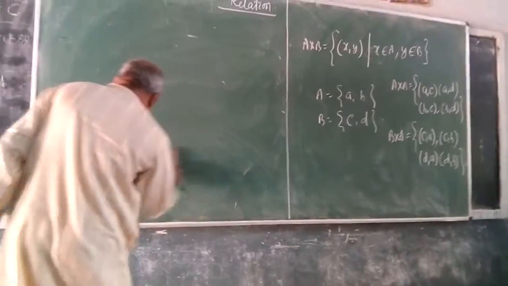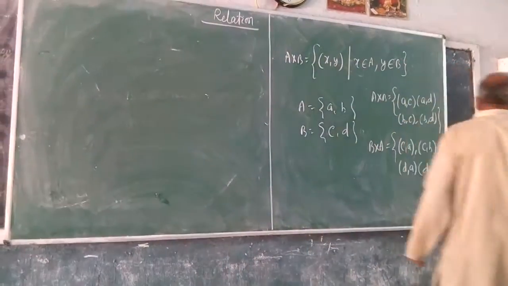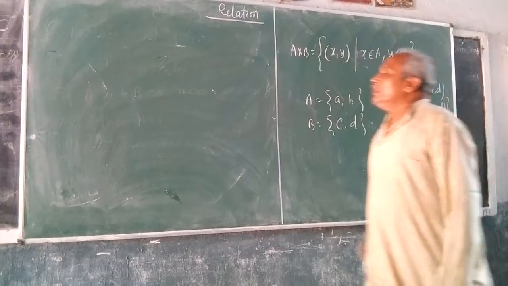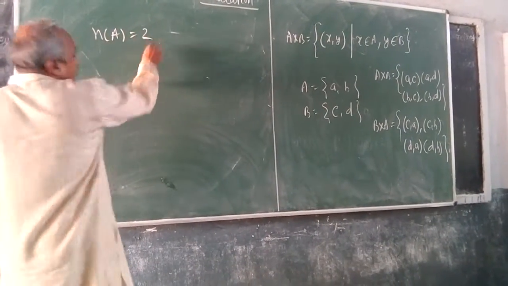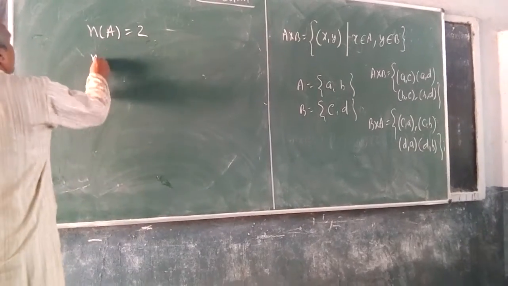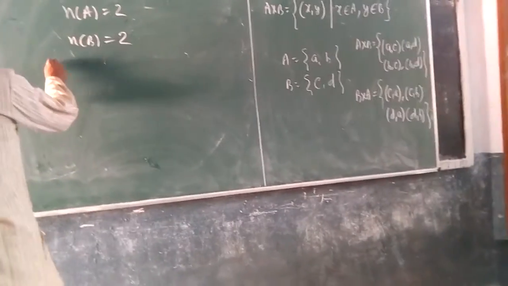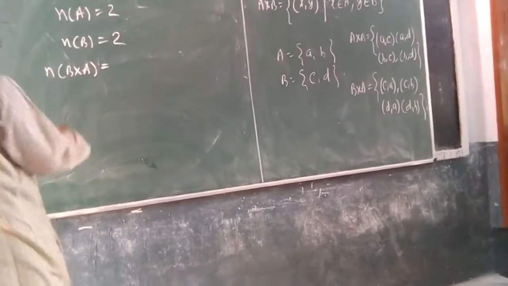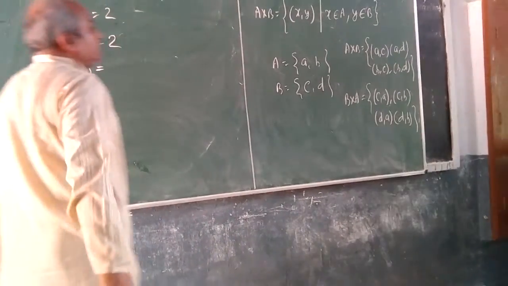Now see here, in this example the number of elements of A is 2, and the number of elements of B is also 2.